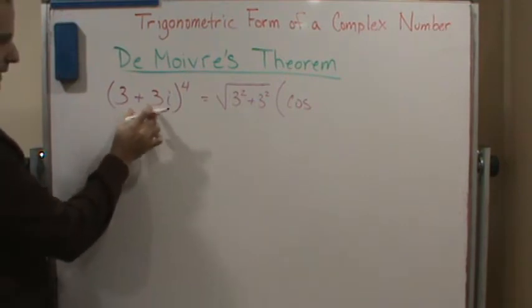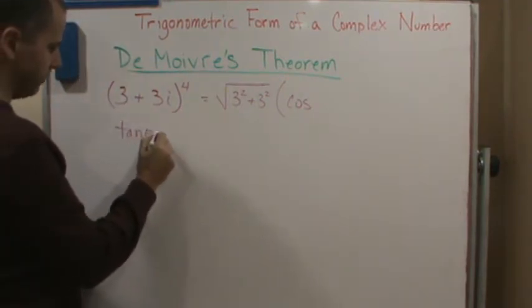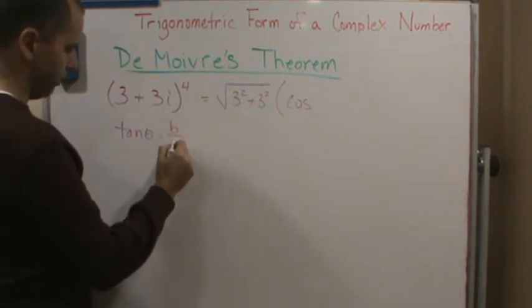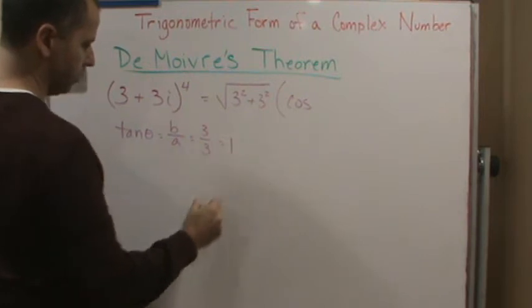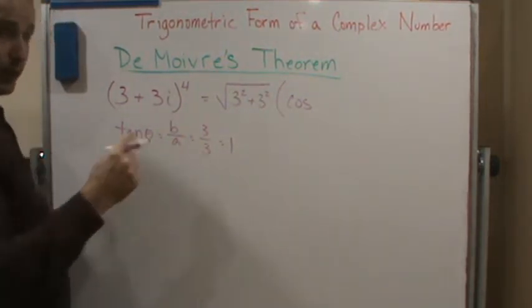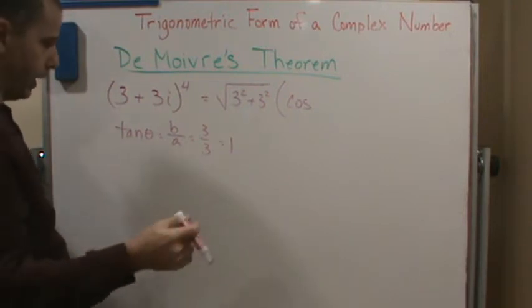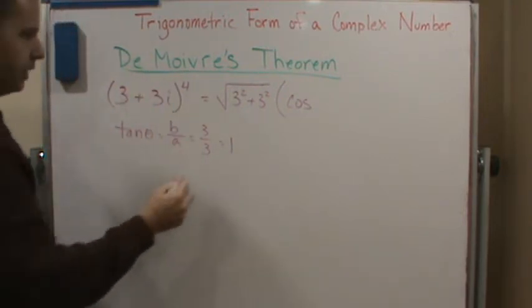Remember, tangent theta equals b over a, which is 3 over 3, which is equal to 1. So the tangent of what angle equals 1? Well, we know that's a 45-degree angle, and that's going to give us pi over 4. So the reference angle is pi over 4.